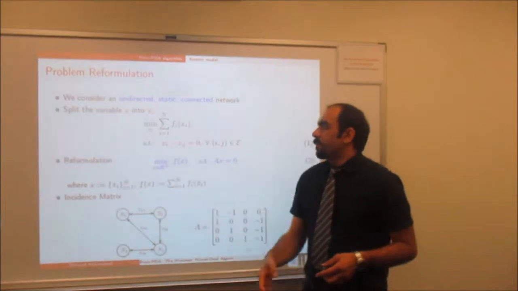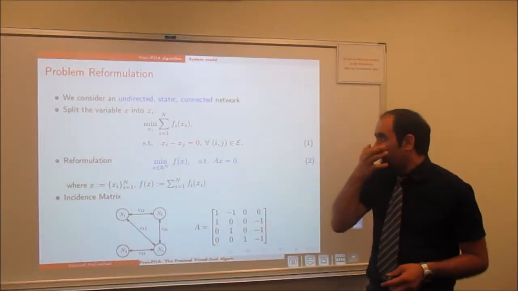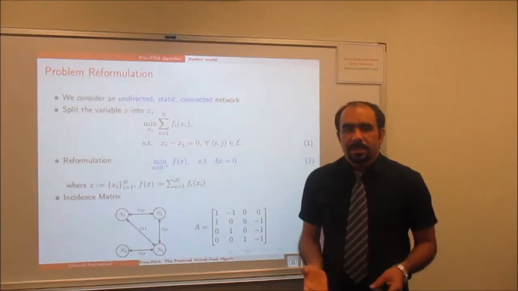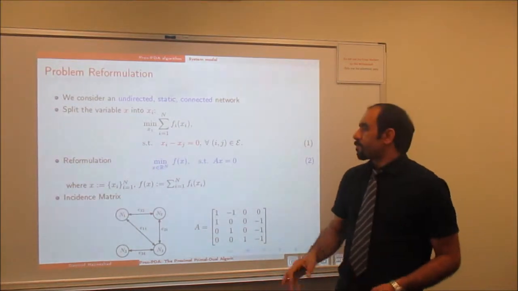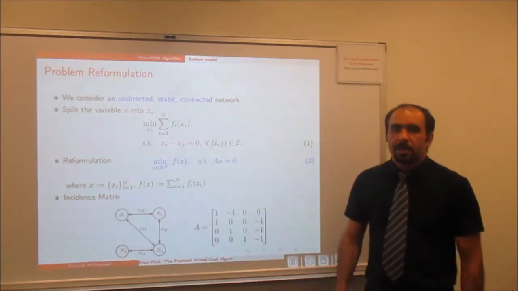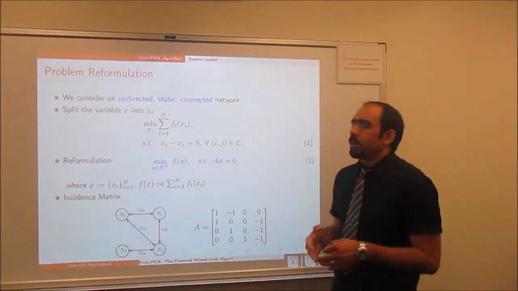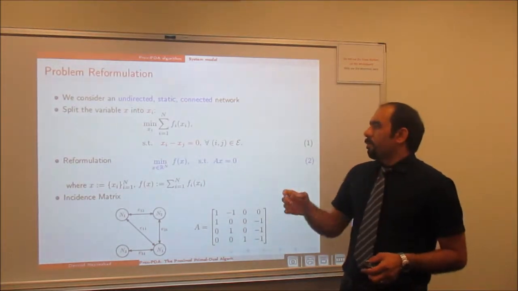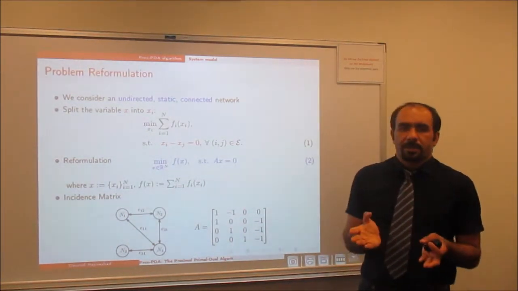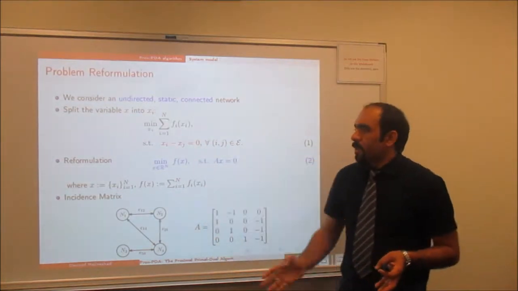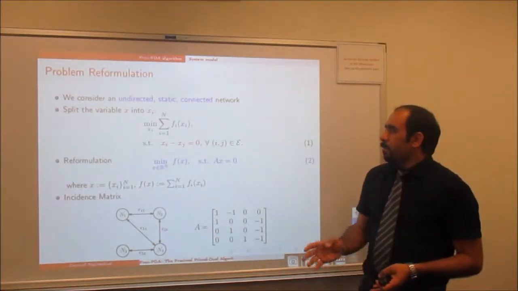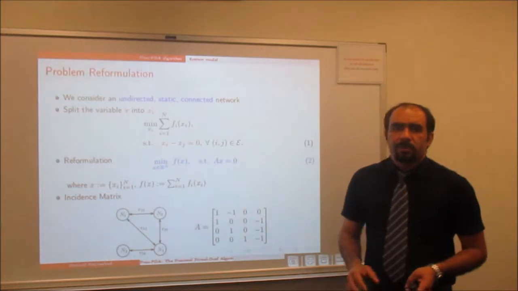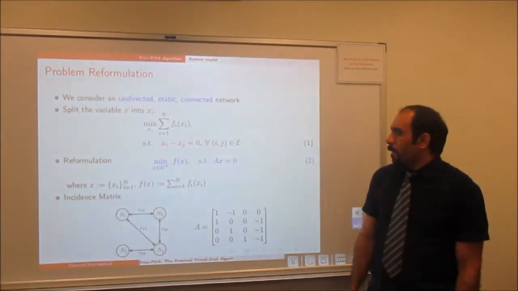Now we have summation of f_i of x_i. Okay, since we need consensus among all agents, we add this constraint: x_i minus x_j equals 0 when x_i and x_j are connected. Okay, since the entire network is connected, this is equivalent to the original optimization problem.